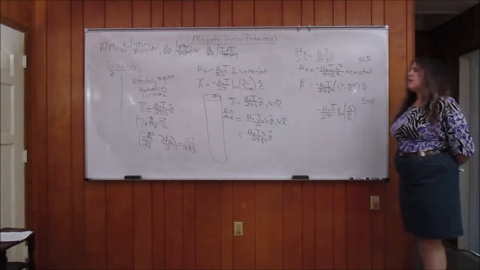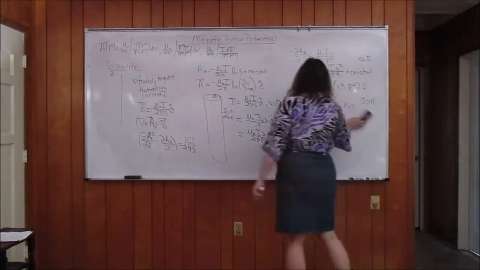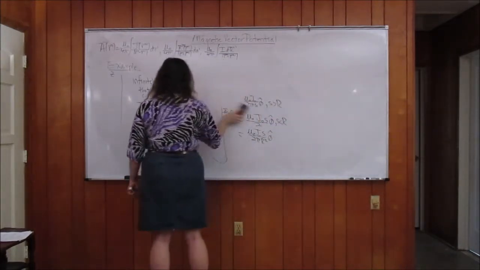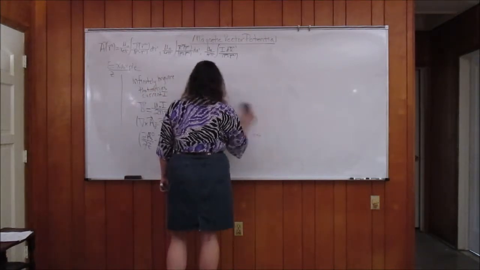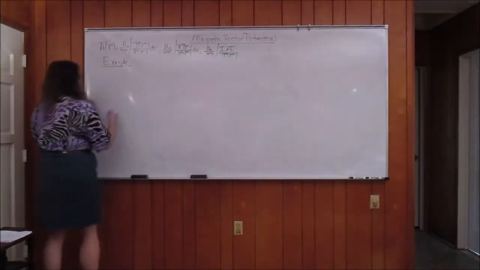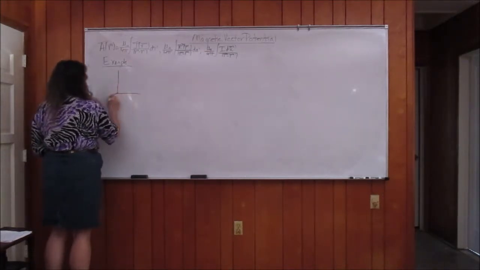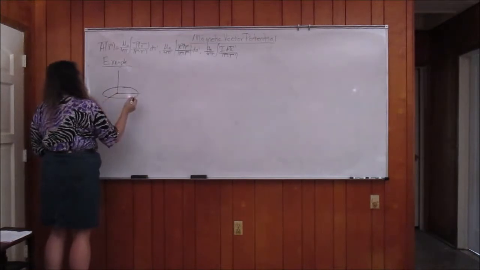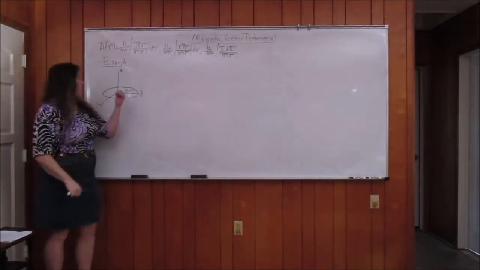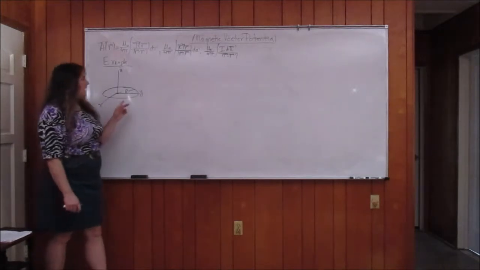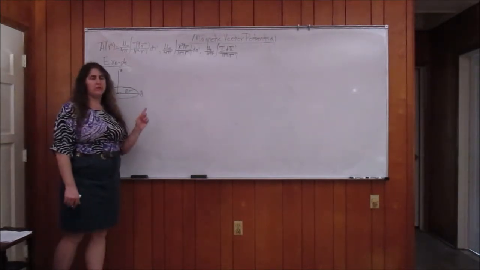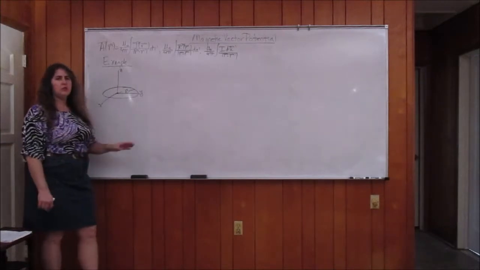The next example I'll work through is of a current carrying ring. Assume that this current carrying ring lies in the xy plane and it's of radius R. I want to use one of these expressions to determine what the magnetic vector potential is, not just along the z-axis, but at any arbitrary point in space.